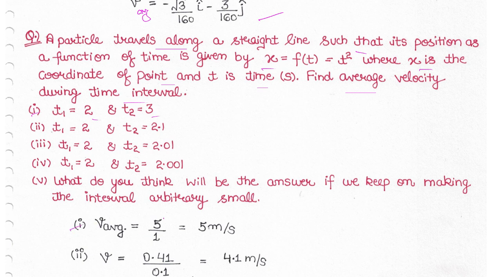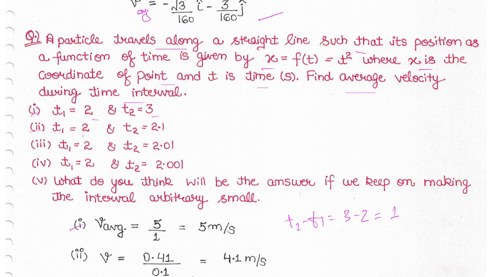So v average is equal to 5 by 1, because here the displacement is 5 and the time difference t2 minus t1 is 3 minus 2, which is 1.